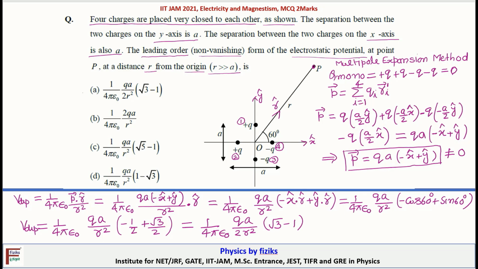So you can see option A is correct because that is the same value, 1 by 4 pi epsilon naught QA by 2 R square times root 3 minus 1. So option A is correct.